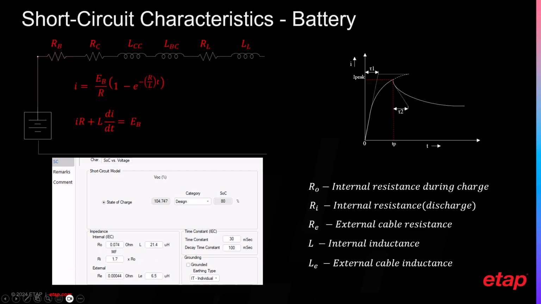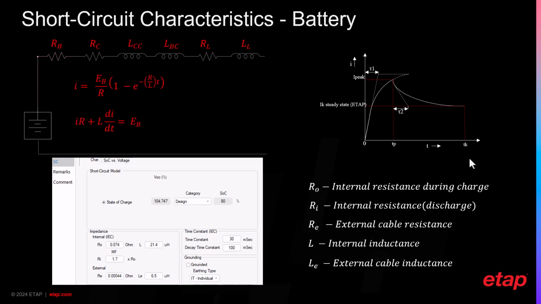So for example, in this case, we did have this curve shown here. This slide shows that the battery current, the IK, which is available here, will be the steady state short circuit current, and it is typically determined after a 1 second duration to allow the current to rise past its peak point and decay enough to obtain this value.